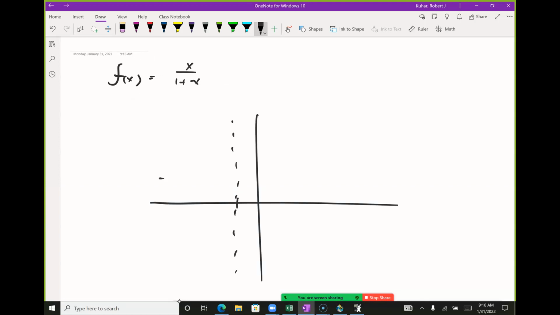I see a horizontal asymptote at 1 and a vertical asymptote at -1, and some kind of function like this. I'm interested in the point 1, 1/2. First of all, if I plug in x as 1, you agree I get 1/2, right?